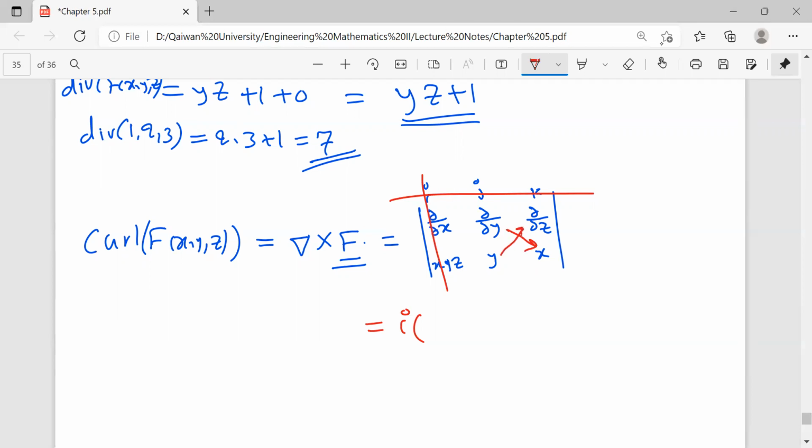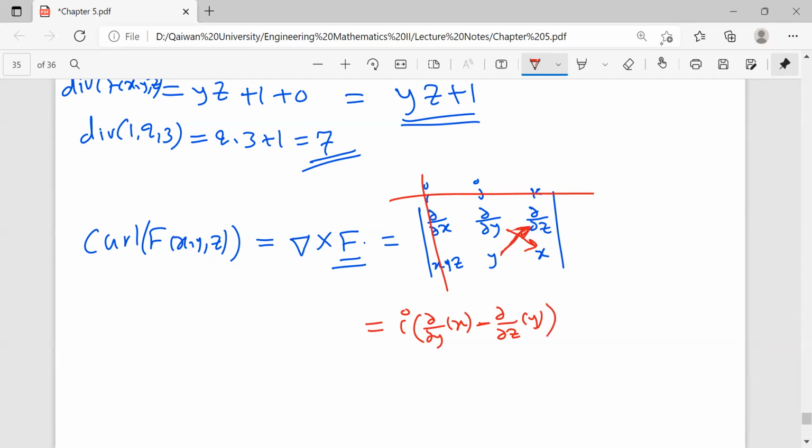We multiply partial by partial y by x. That means finding the partial derivative of x with respect to y. Then minus partial by partial z of y. When we multiply these two, we get partial by partial z of y.